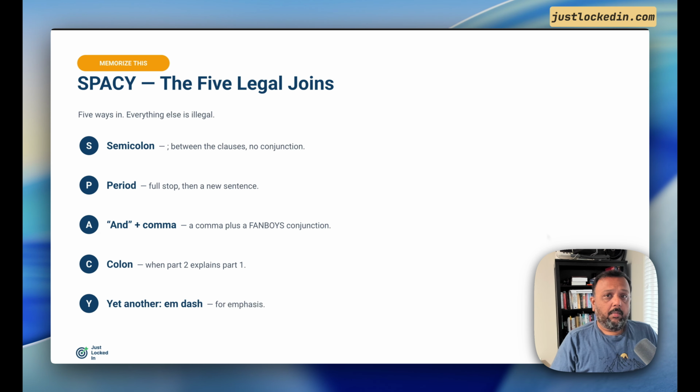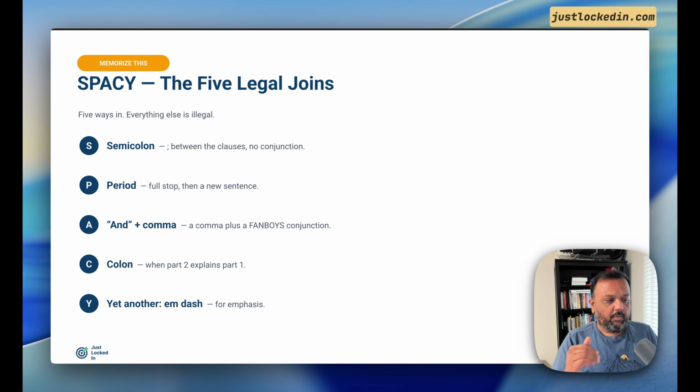So when you encounter a question about connecting independent clauses, the term that you should remember is SPACY. Okay. So SPACY is a mnemonic. S stands for semicolon, P stands for period or a full stop, A stands for and followed by a comma, and is a placeholder for all the conjunctions like and. We are going to talk about what those conjunctions are in just a moment.